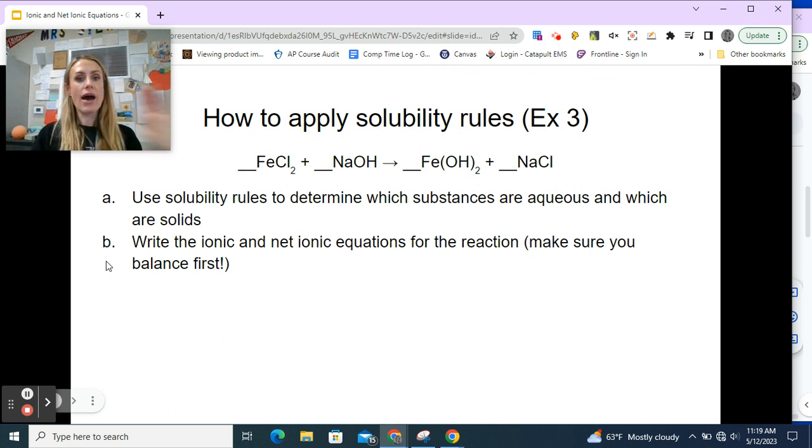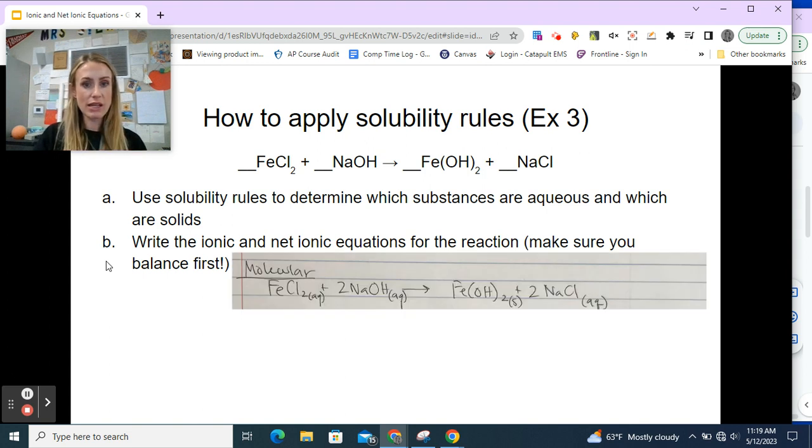Now, after you have all your subscripts, you're then going to write the ionic and net ionic equations for the reaction. So here's our molecular with our AQs and our S's. Remember, this one was soluble, this one was soluble, this one was soluble. Our iron 2 hydroxide was the thing that was insoluble, so we put an S for solid next to it. Next, we're going to split up those aqueous things. Everything that has the AQ next to it gets split up into solution because they are soluble.